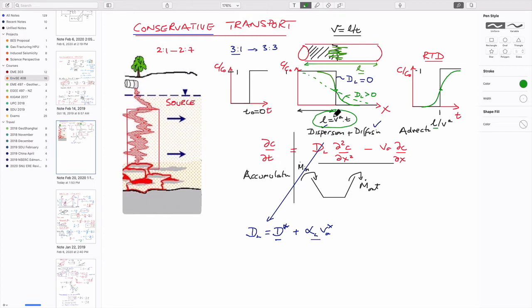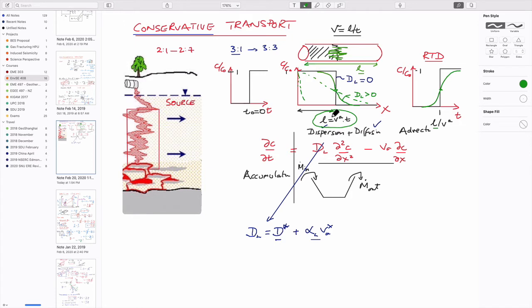For instance, one way to prove that to yourself is to imagine that if the advective velocity is 0, then the length this goes at any particular time has to be 0 from this axis. That's not reality, because we know that even something with no advective velocity would diffuse downstream. And so this can't be true.